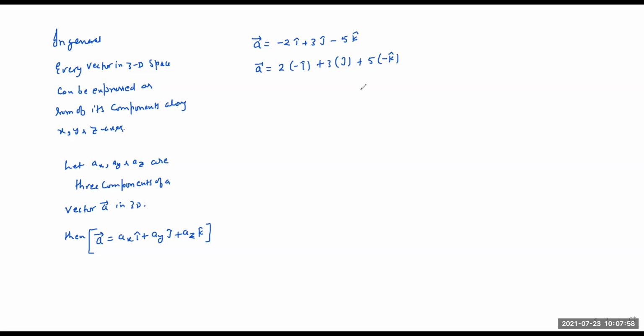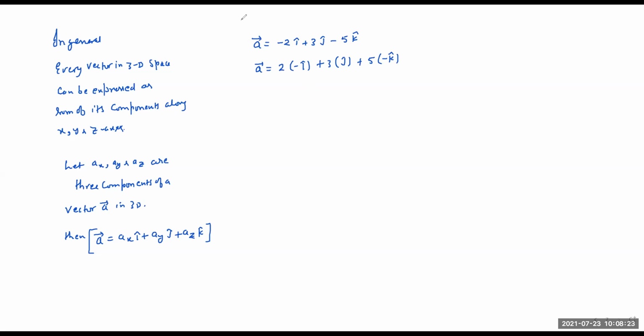So the values must be positive, and the minus and plus sign only give you the direction. It means vector A has 2 units in the minus x-axis, 3 units in the positive y-axis, and 5 units in the minus k, that is the z-axis.